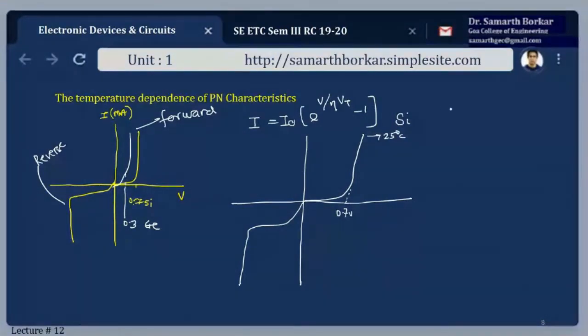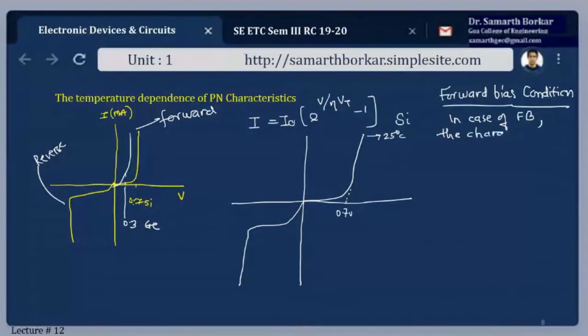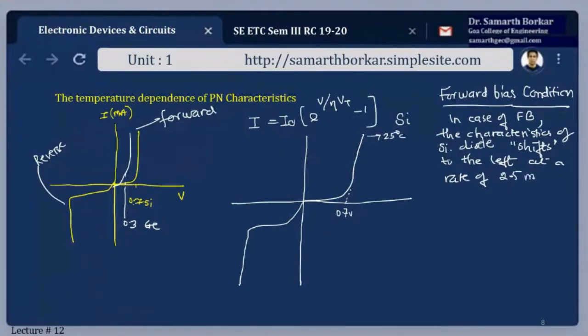Meaning, I'll just write the statement: in case of forward bias condition, the characteristics of silicon diode shifts to the left at a rate of 2.5 millivolts per degree.